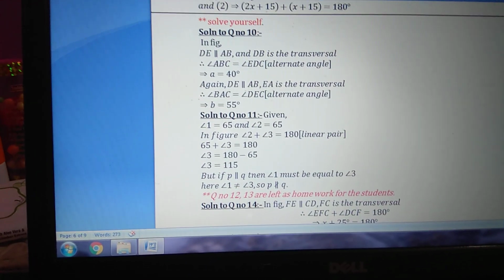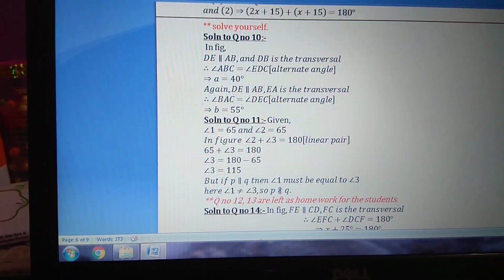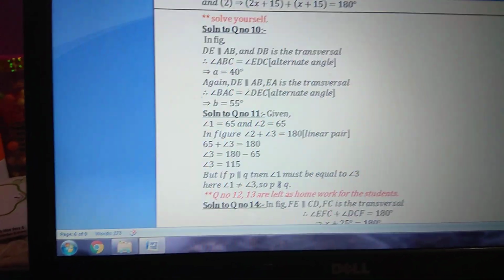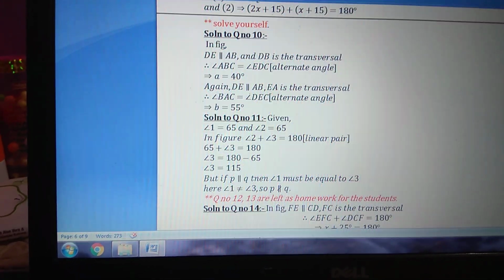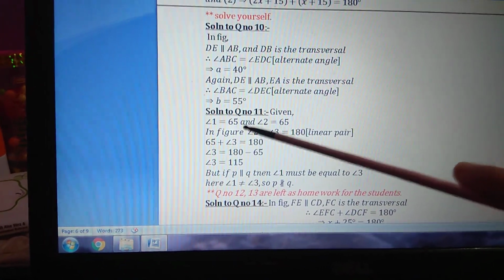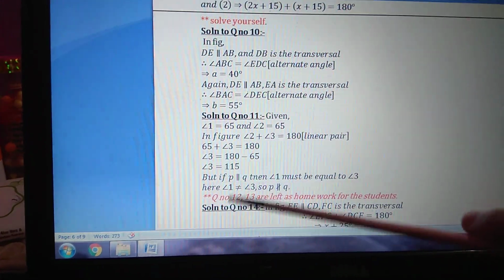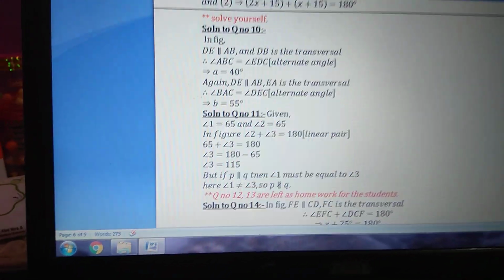In question number 11, it is asked to find out whether the lines are parallel or not. Some values are given and asked whether P is parallel to Q or not. So angle 1 value is given, angle 2 value is given, and we have to find out angle 3's value. Angle 3's value is 105.